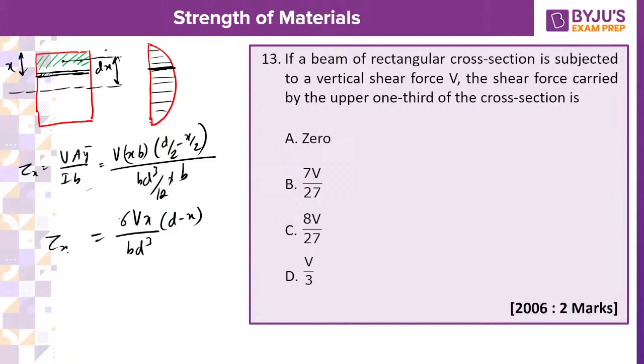Now what will be the force created by the element of thickness dx? The shear stress tau x into the area, and the area is simply width and dx, that's b dx. Agree?